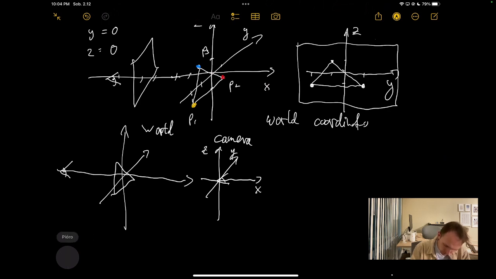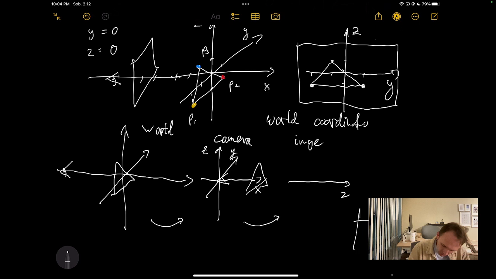And then we're going to bring this to image frame, right? And remember how the image frame was such that, oh yeah, so maybe in camera frame the triangle will be around +5. So this is world and camera, and then there's image, right? In the image frame, remember how the z points out of the camera. So this will be z, and this is how the picture looks.